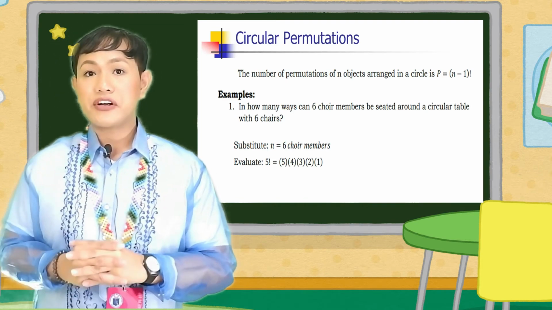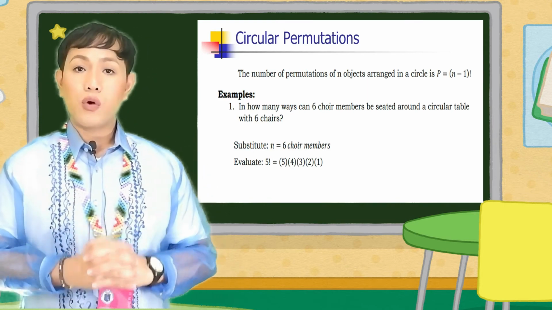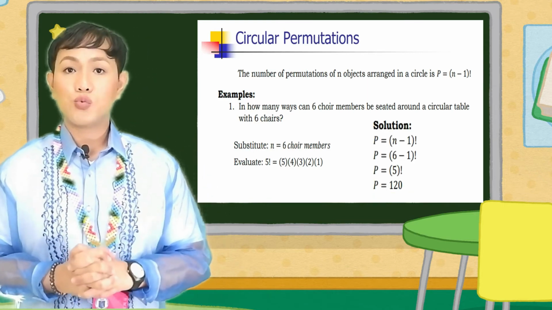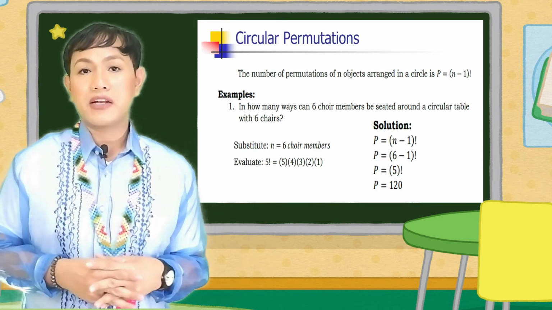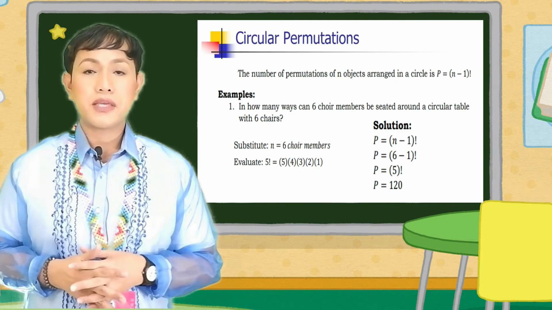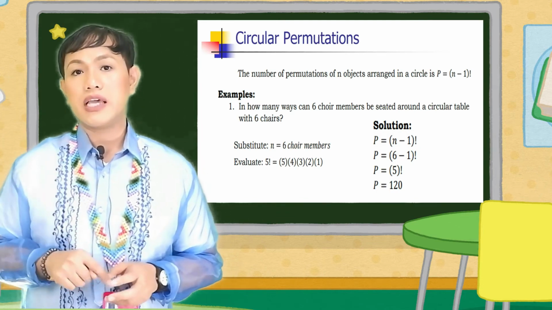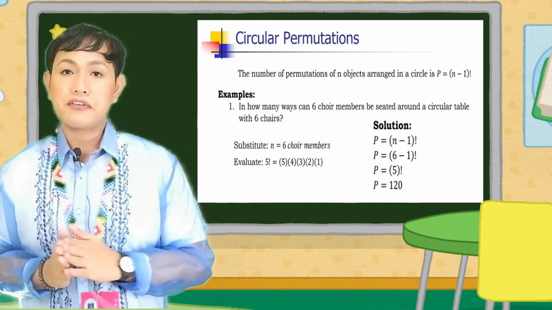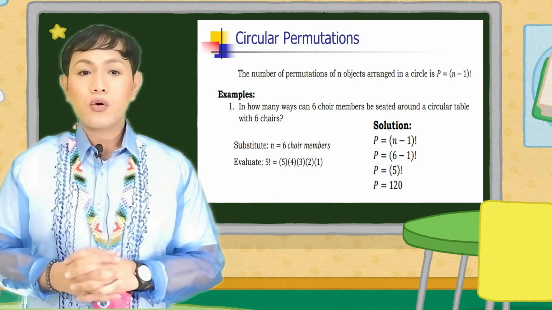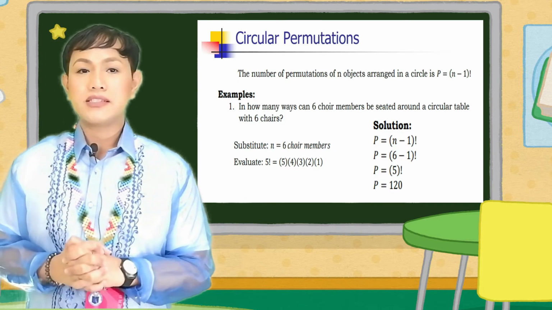Substituting 6 for n, the equation now becomes P is equal to the quantity of 6 minus 1 factorial. And it's very easy to get 6 minus 1. We are all sure that to be equal to 5. And since we still have our factorial notation outside, that is just 5 factorial when simplified. And it is equal to, very good, 120.